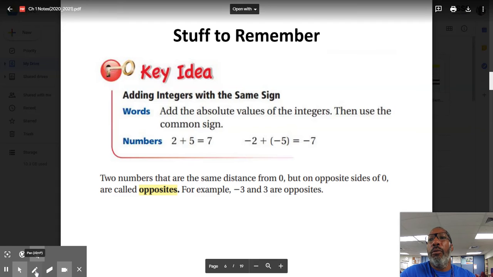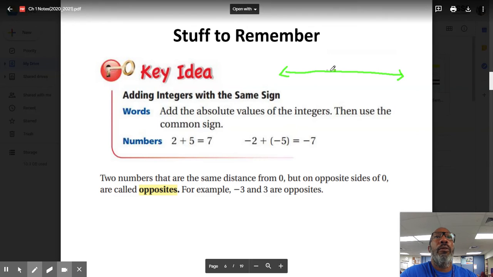So if you want to know what the opposite of, let me draw a number line. This pen is kind of weird. It vibrates and shakes. So there's zero. And let me pick another color.